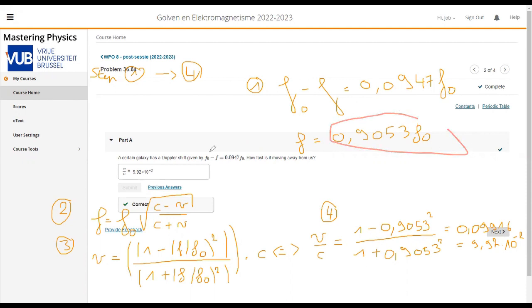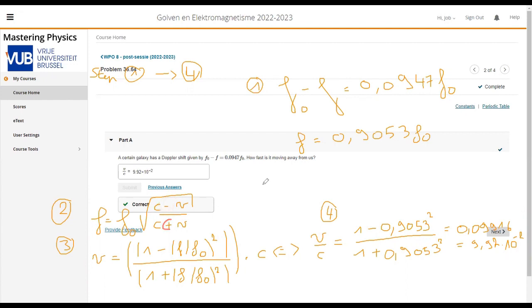Then you have to know that there is a Doppler shift. Imagine you're here and the object is here, but the object is going away from you. So it's moving away from you, which means that this is minus and this is plus.